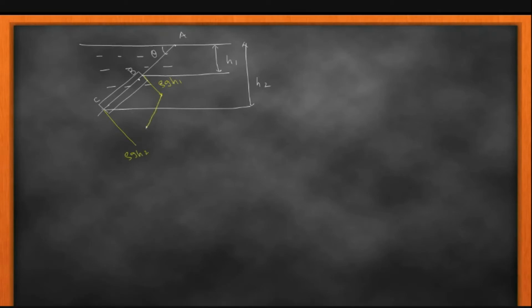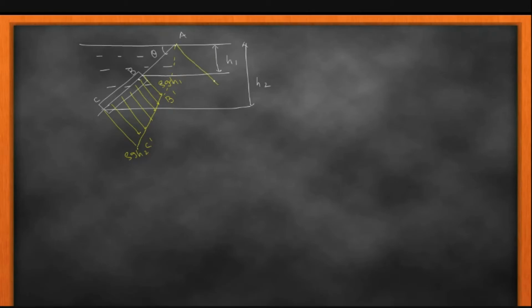In this way we get the pressure variation diagram. In between these two points B and C, the pressure intensity increases in this way. Suppose I join this point, called B dash, and this point, C dash. If I join B dash and A with this dotted line, we get these two triangles.